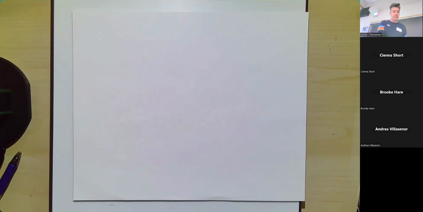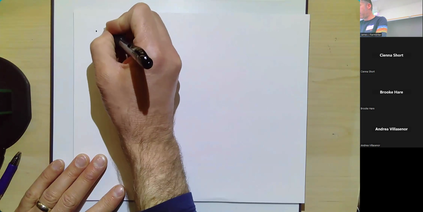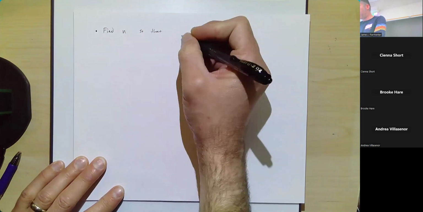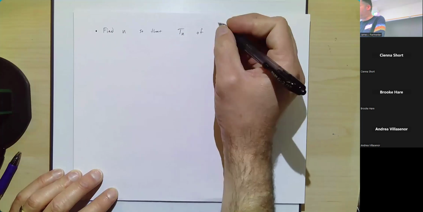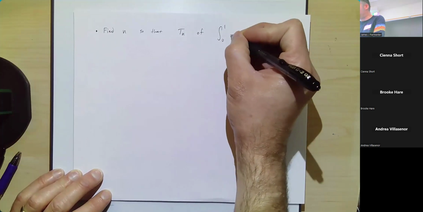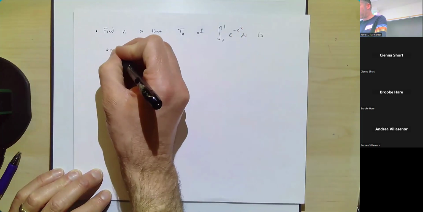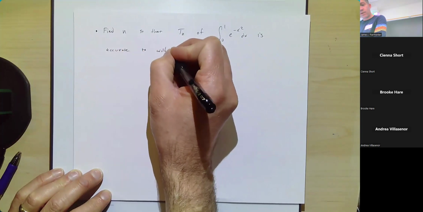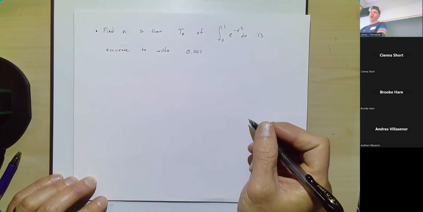So for example, they might ask: find the number n so that the trapezoid rule estimate T sub n of the integral from 0 to 1 of e to the negative x squared dx is accurate to within 0.001, or 1/1000th, if you like.